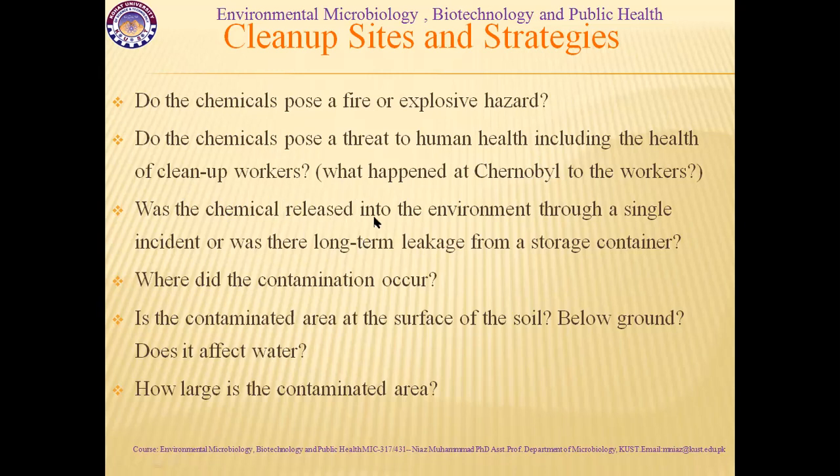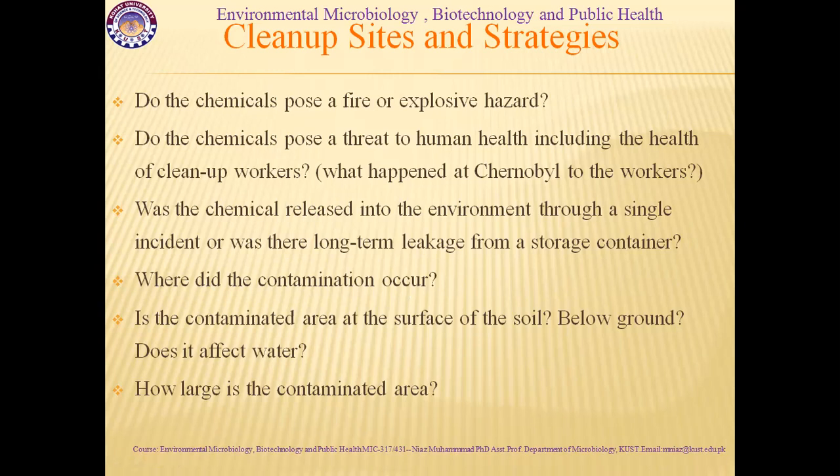Was the chemical released into the environment through a single incident, or was there a long-term leakage from a storage container? We also have to check this condition: whether it was a sudden spill of the contaminant or toxic material, or it was gradually leaked into the environment. Where did the contamination occur? We have to check the location again.